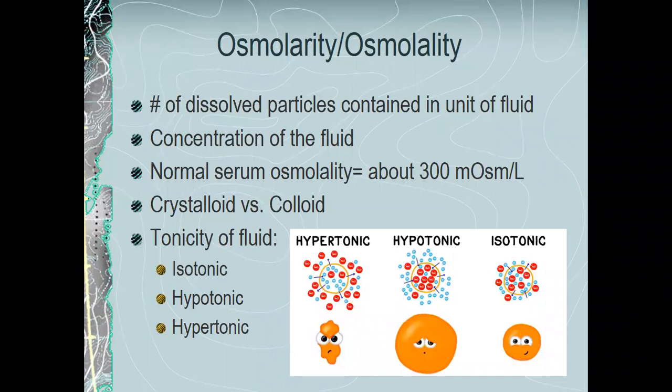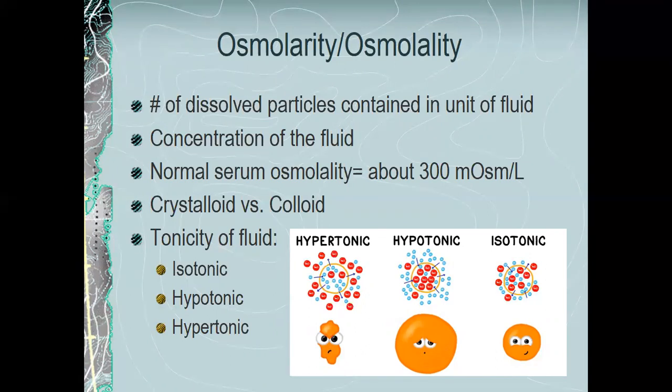Another term that we use when we talk about IV therapy is colloids and crystalloids. So colloid solutions are going to contain proteins or other large molecular substances that will increase the osmolarity without dissolving in the solution, because their particles are large and they're unable to pass through the semi-permeable membranes of the capillary walls.